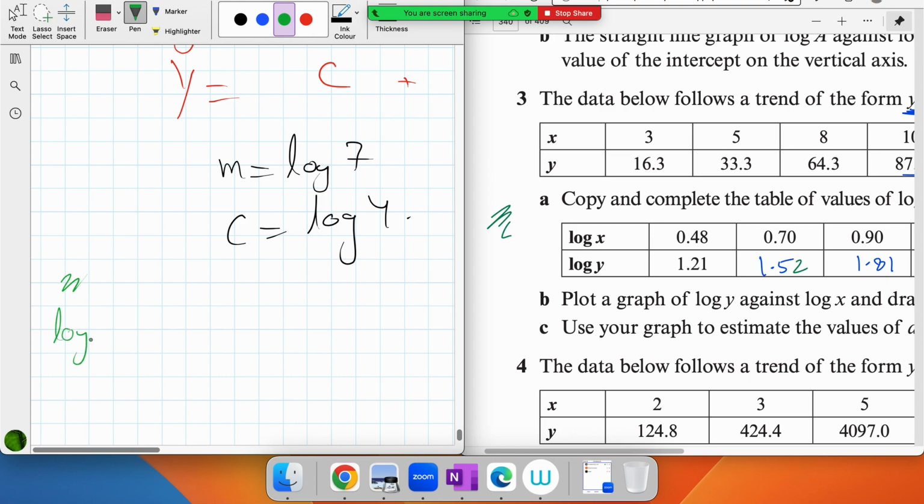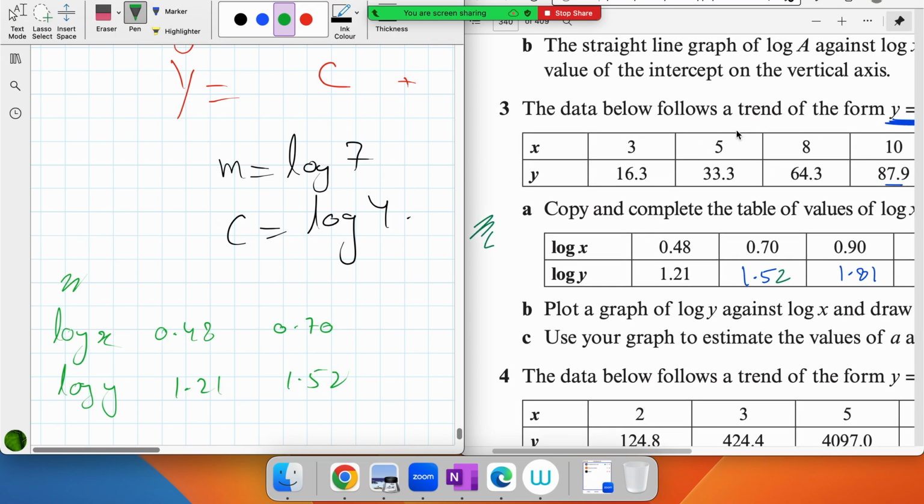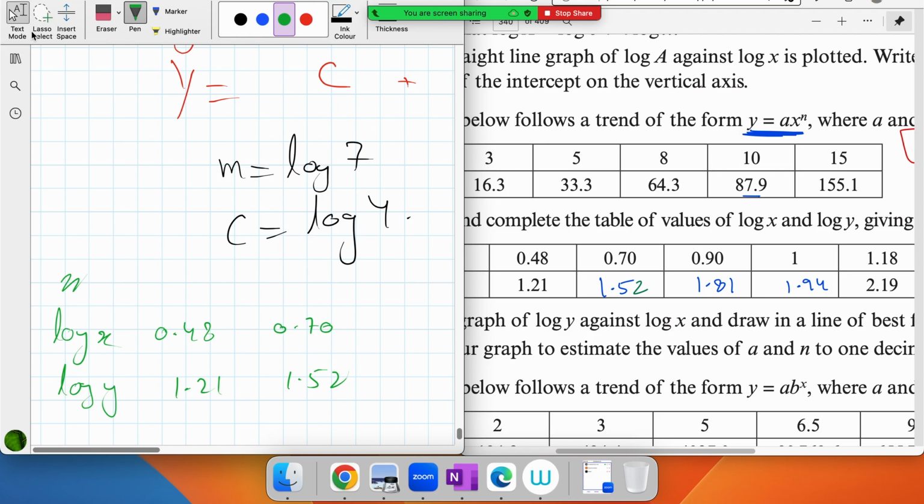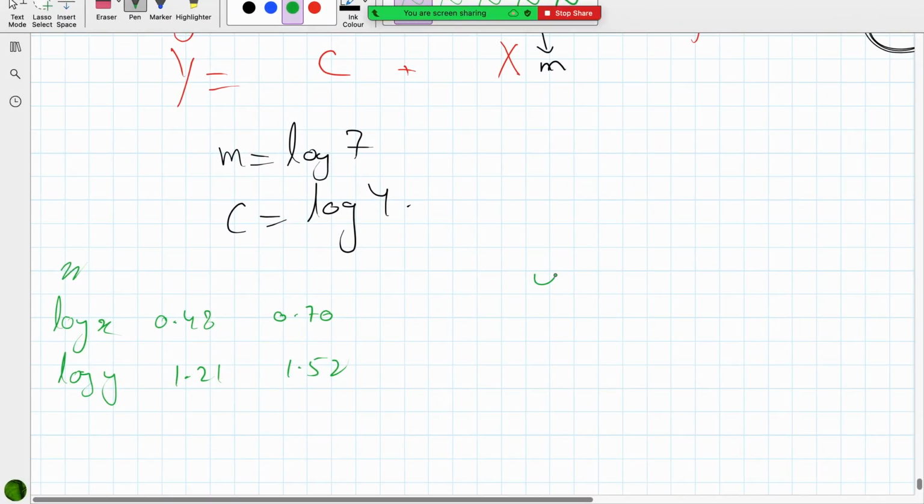So log of x, log of y, I'm using these two values: 0.48 against 1.21, and 0.7 against 1.52. My main equation was y is equal to ax raised to power n. Converting it into logarithmic form, log y is equal to log a plus n log x.